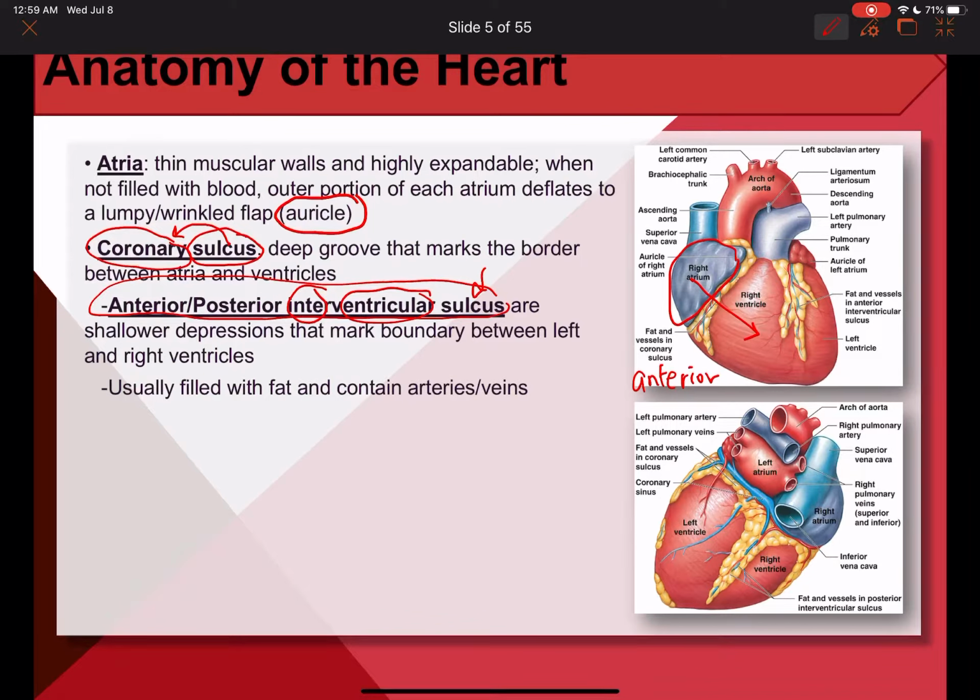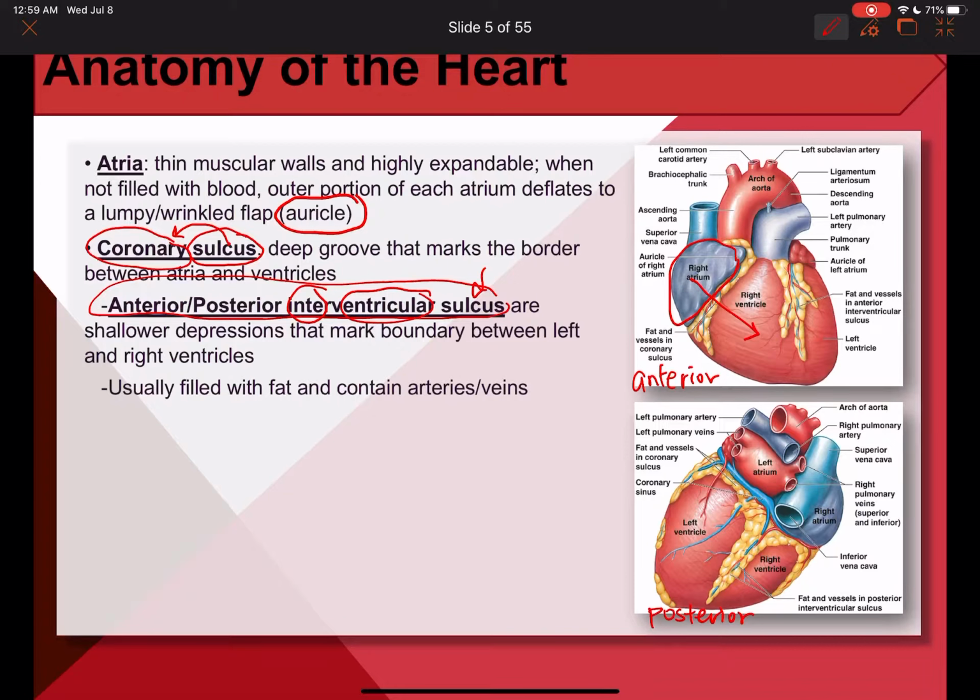And same thing for posterior. This is the posterior interventricular sulcus. This is again the posterior view, and you should be able to recognize anterior versus posterior view of the heart from the heart models in lab exercises, because some things are located only on the anterior side, some things only on the posterior side.